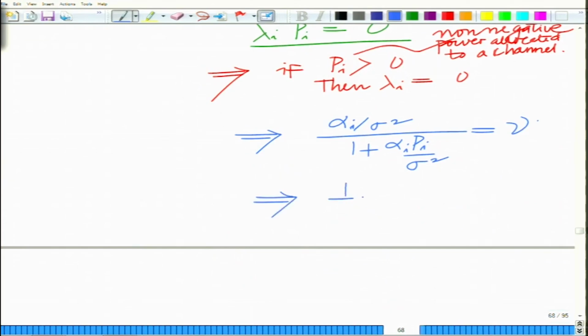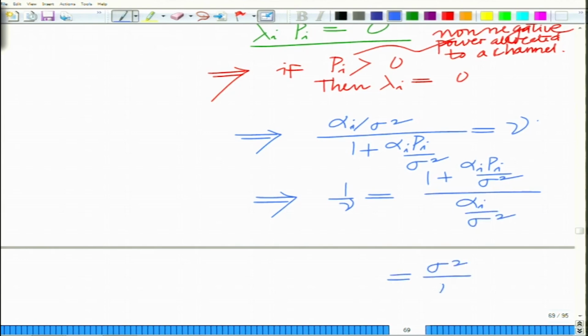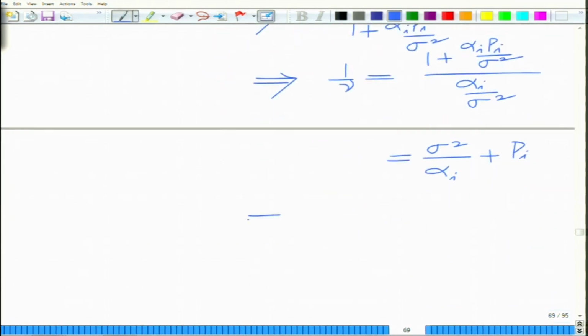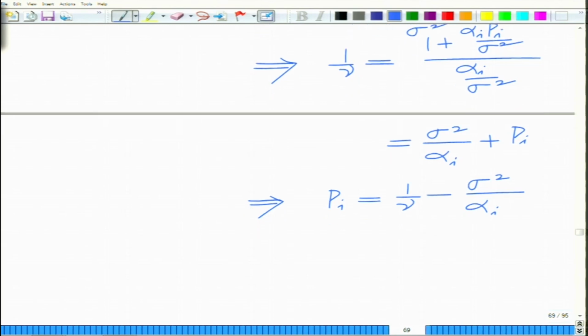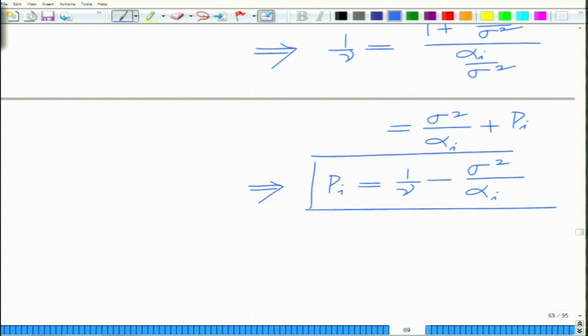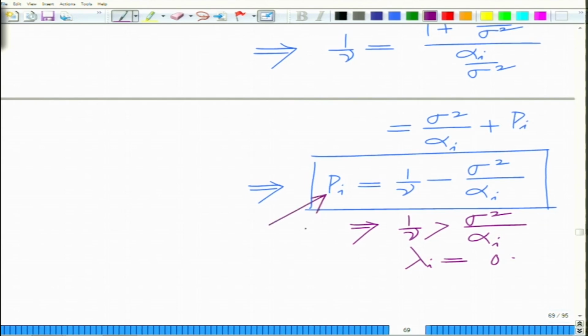This implies that 1 over nu equals sigma square by alpha_i plus P_i, which implies that P_i equals 1 over nu minus sigma square by alpha_i. Since P_i is greater than 0, this also implies 1 over nu is greater than sigma square by alpha_i, and the corresponding lambda_i is 0. So this is the optimal power allocated to the ith channel.